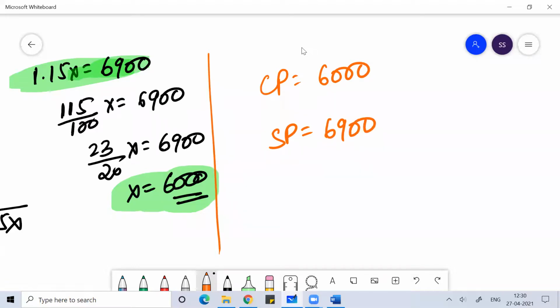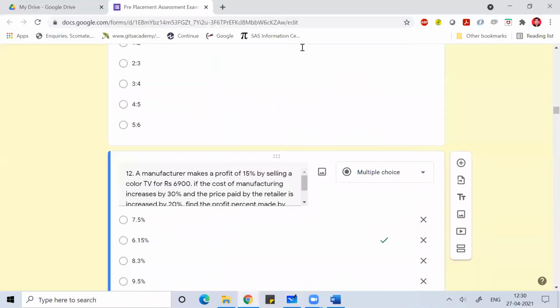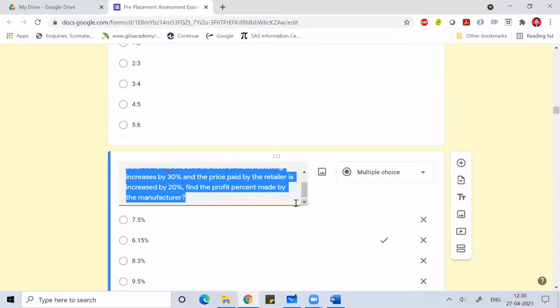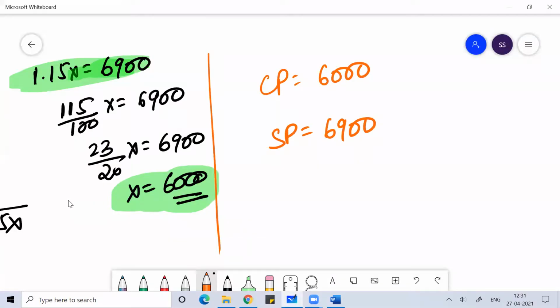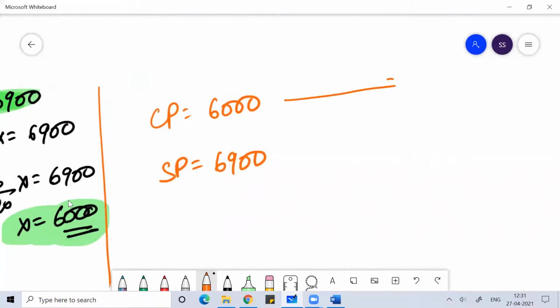Then you can see the next part of the question: the manufacturer makes a profit of 15% by selling the color TV for 6900. If the cost of manufacturing increased by 30%, so if you increase 6000 by 30%, it will increase by 1800.